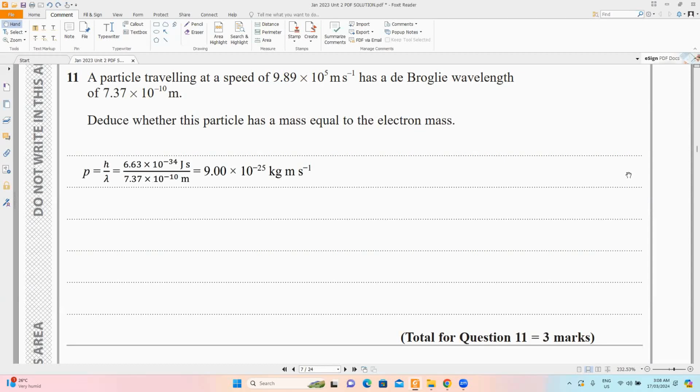So h is the Planck's constant divided by, I already have the value of lambda. So I get the momentum, and we all know momentum equals mass times velocity. So mass will be momentum by velocity. I have the momentum from the previous section divided by the velocity. That gives me the mass, which is equal to the mass of an electron. And this is something that is expected of you. You should know the mass of the electron, also the charge of the electron.